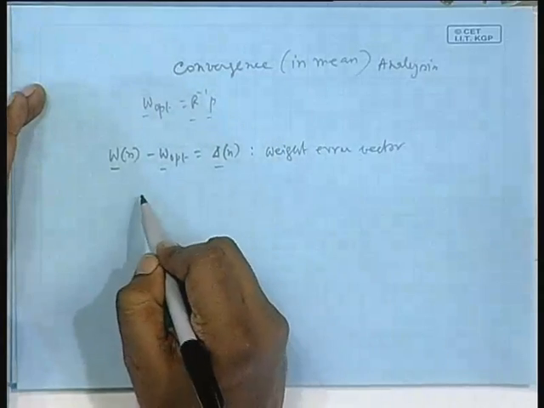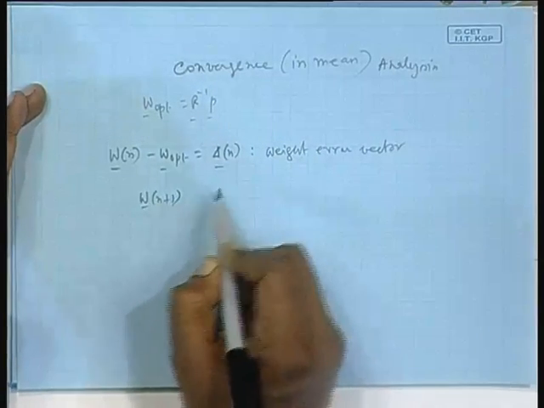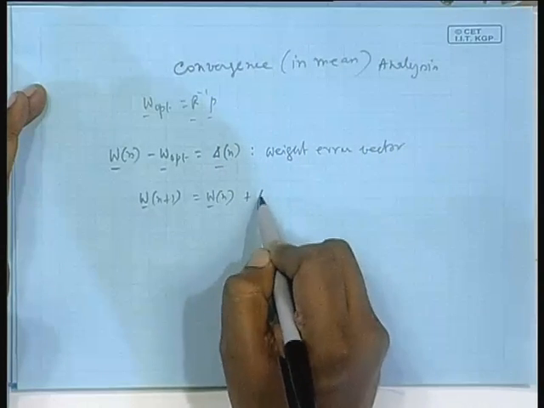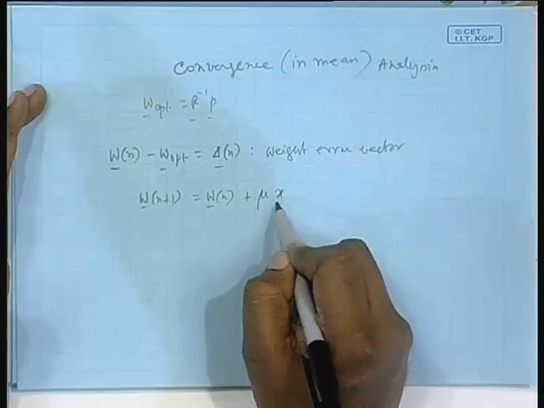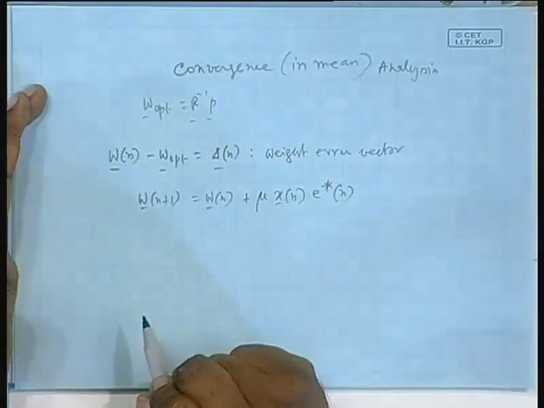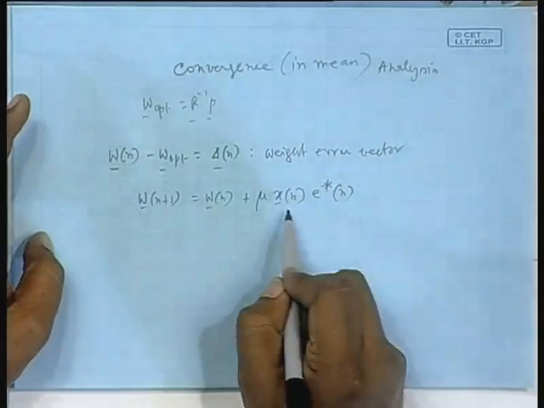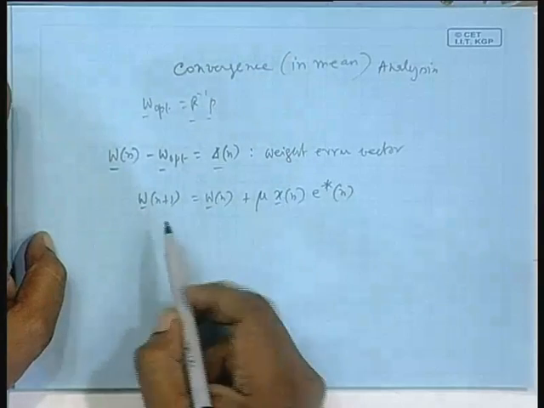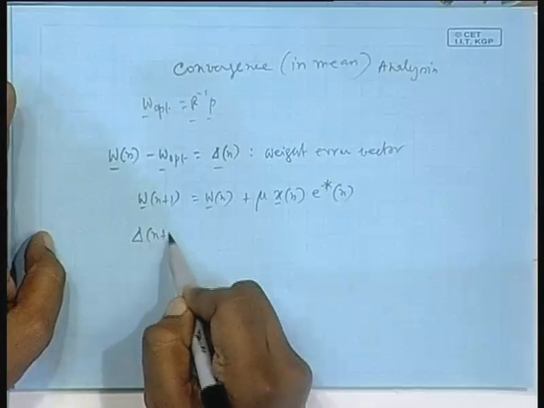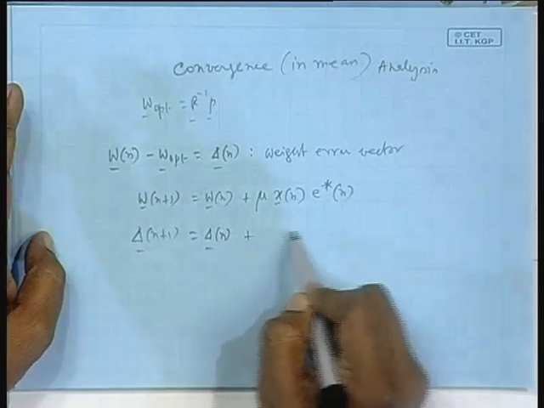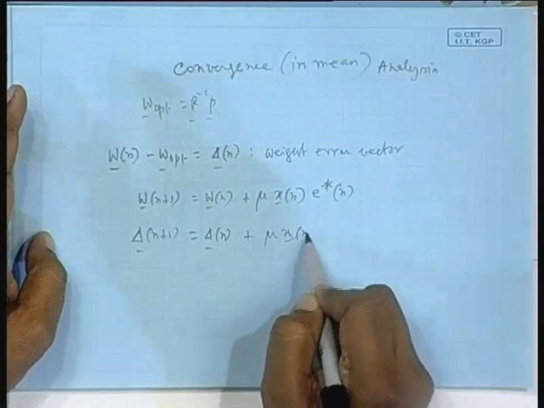Now, your equations were, this is the relevant equation. You subtract W opt from both sides. What you get here is delta n plus 1, delta n, plus the same thing.